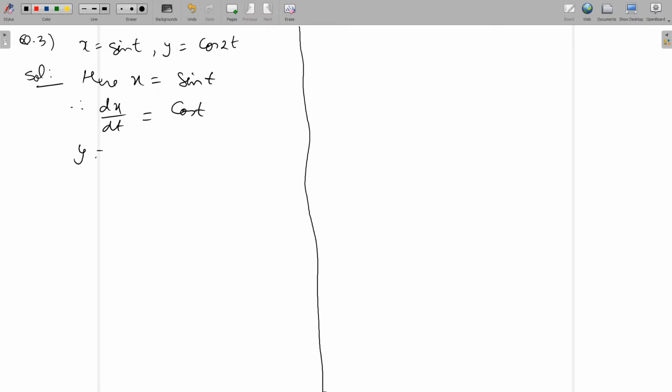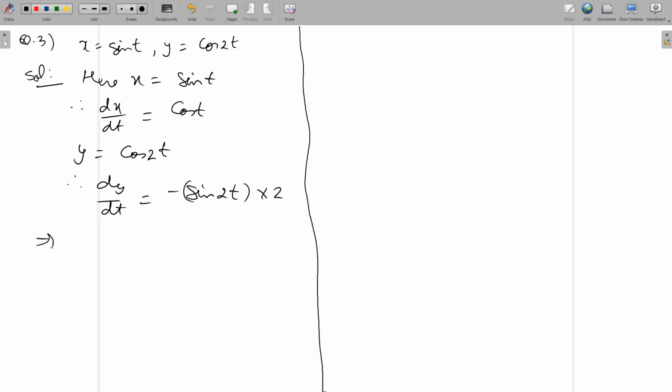And what is the value of y? y is cos 2t. Therefore, dy by dt will be equal to, differentiation of cos is minus sine, so minus sin 2t. Then differentiating 2t will give us into 2.